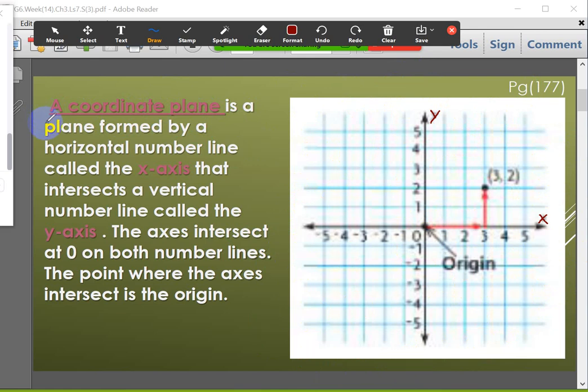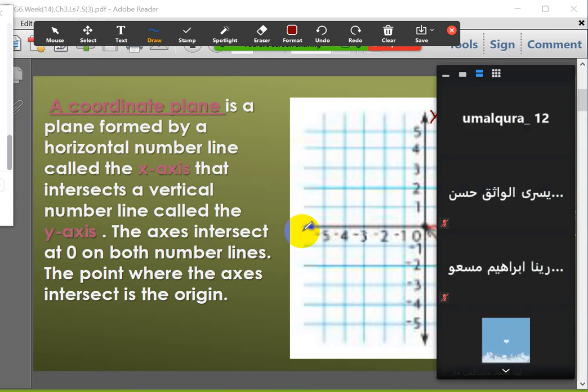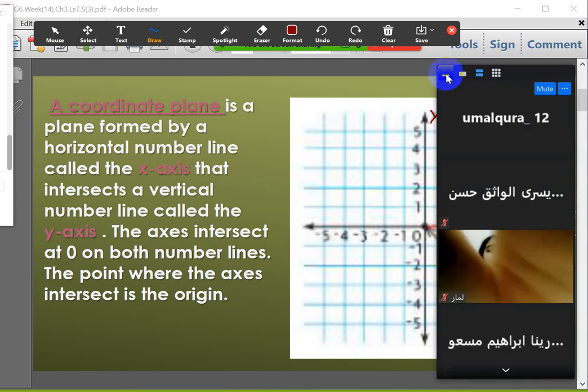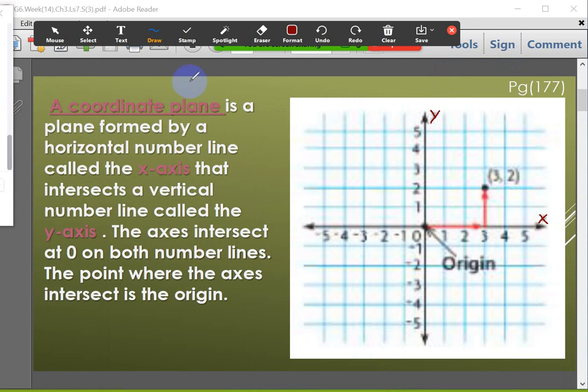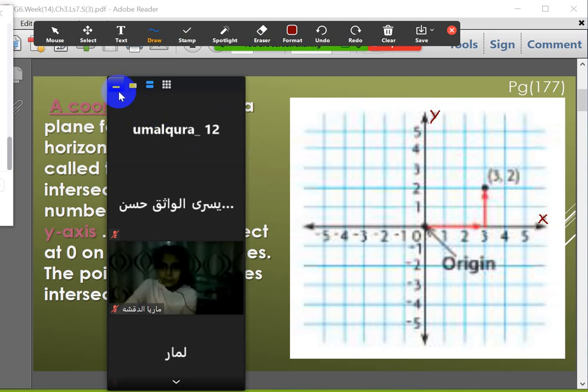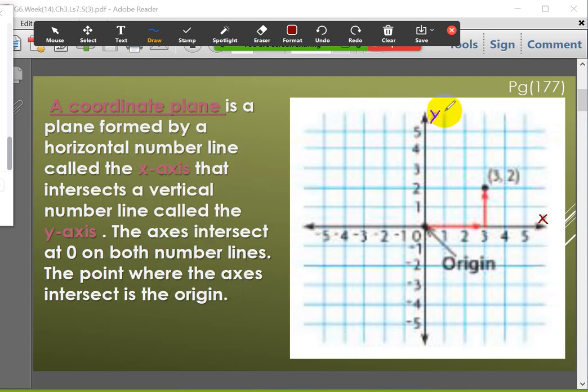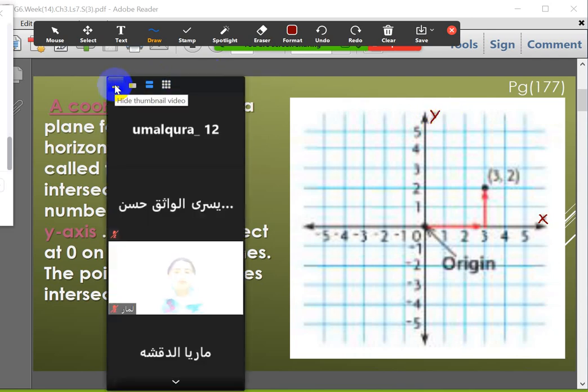The coordinate plane consists of the horizontal number line, the x-axis, and the vertical number line, which we name the y-axis.